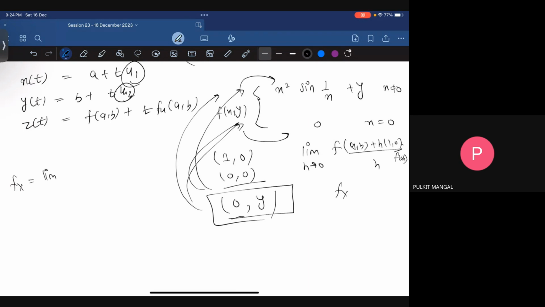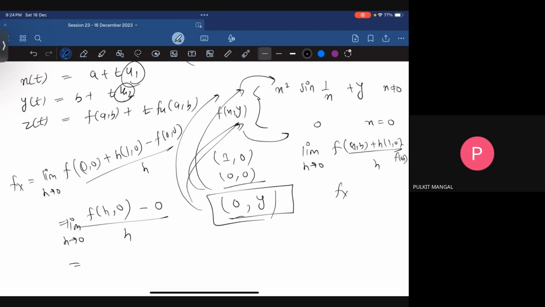it would be the limit as h tends to 0. We are finding it at the point (0, 0): f of h times (1, 0) minus f(0, 0), divided by h. It is f(h, 0). At (0, 0) the function value is 0.